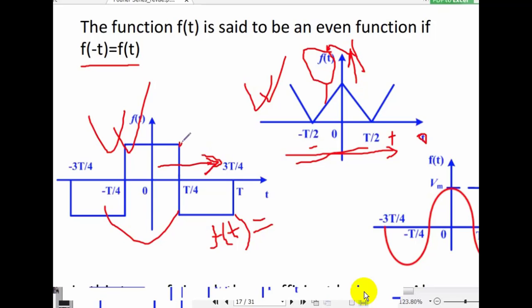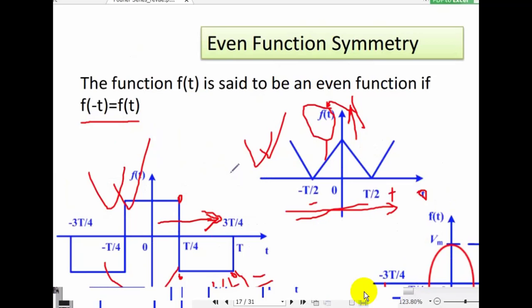So you can calculate here or here because they have the amplitude. You have to consider symmetry. Symmetry means equal, equity.